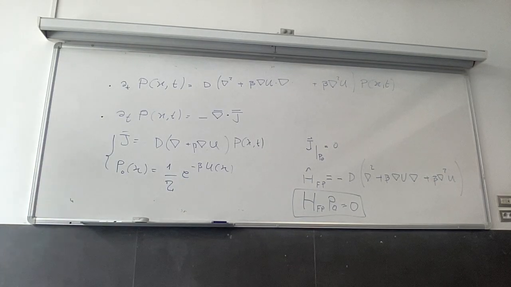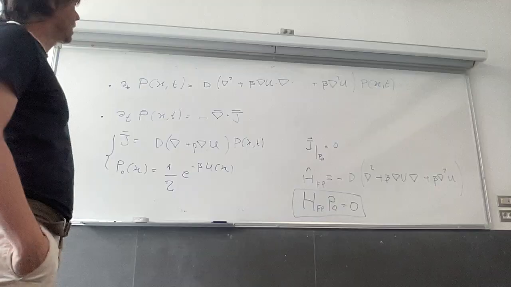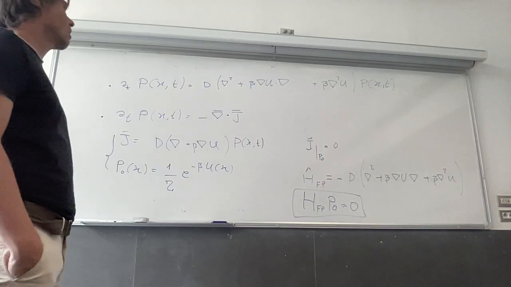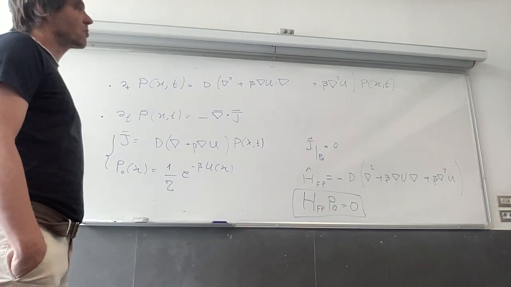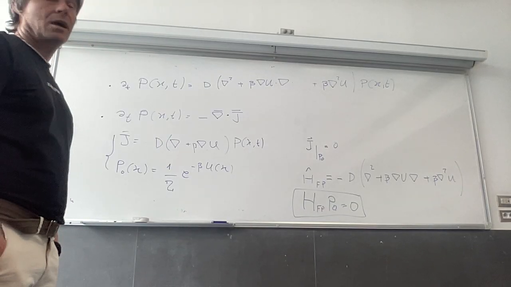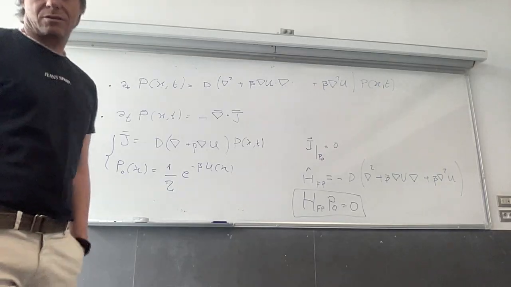So the Smoluchowski-Fokker-Planck equation is indeed the fundamental equation that you can think of for describing the time evolution of probability in the overdamped Langevin dynamics, and it's a fully deterministic equation.